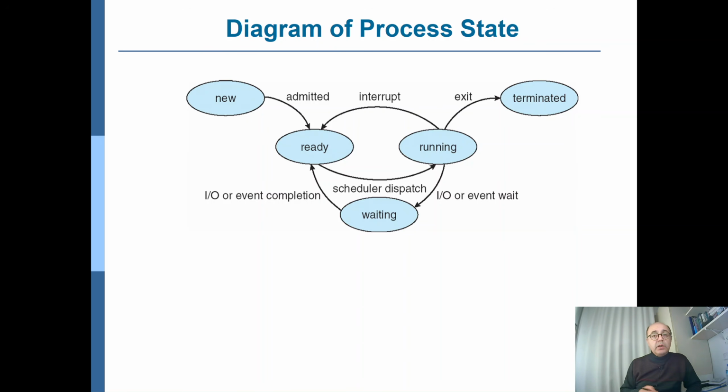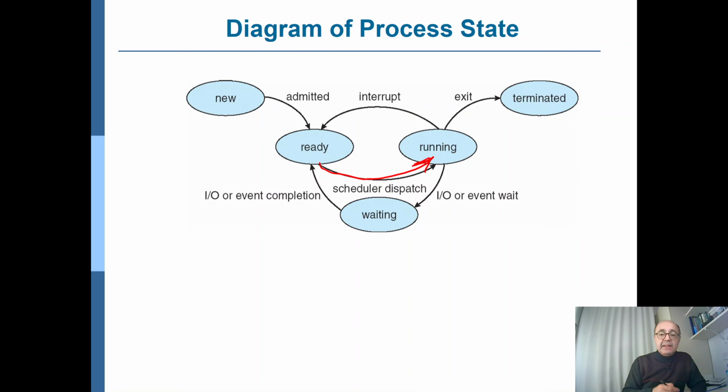Waiting for what? For the scheduler to say, go ahead, use the CPU. We say the scheduler dispatches this process to the CPU. So through the dispatch function of the scheduler, the process switches from ready to running.